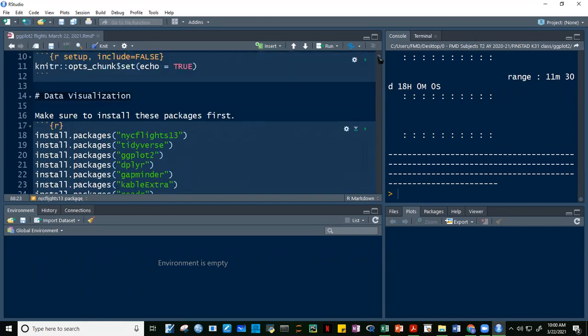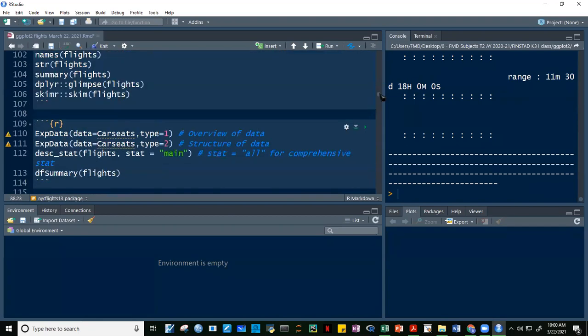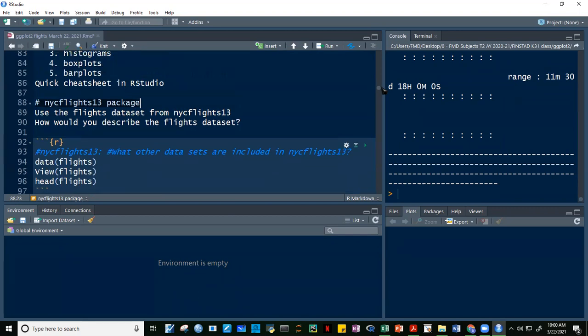That's the first thing. Let's access what's available in nycflights13. These are actually flight details in New York City in the year 2013. So we're going to use the flights data set from nycflights13.